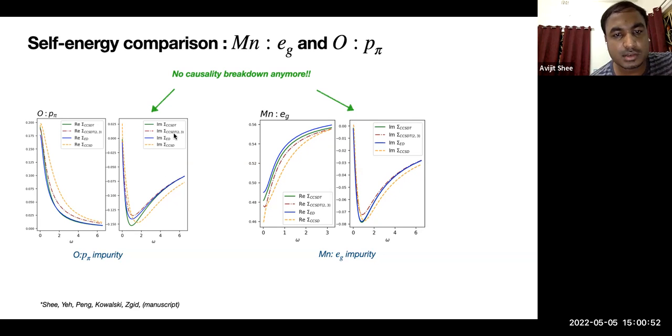But both CCSDT 2-3 and CCSDT improve with respect to CCSD, and more importantly, there was some causality breakdown in the CCSD self energy, so that is no more there, for both these cases.